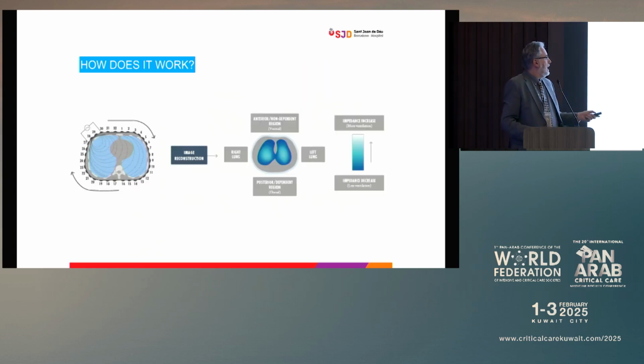How does it work? These belts have electrodes that are sending a very low level of current that is under the sensitivity threshold. So nobody is feeling anything. It's not radiation. It's not painful. And then two of these electrodes are sending information through the thorax.